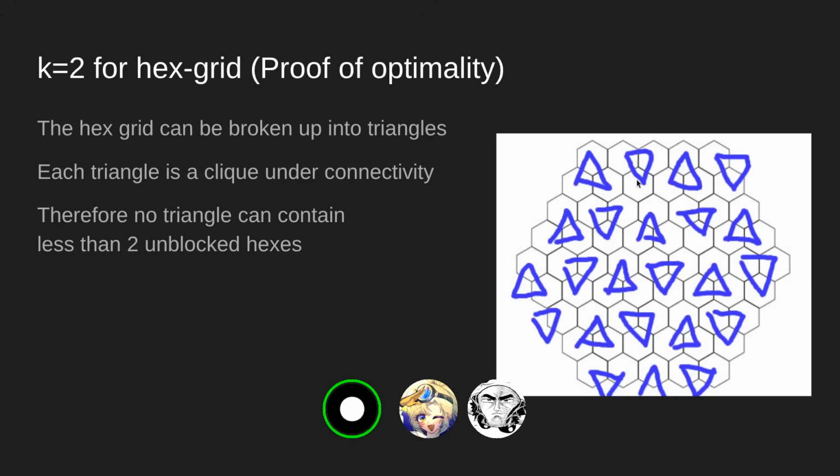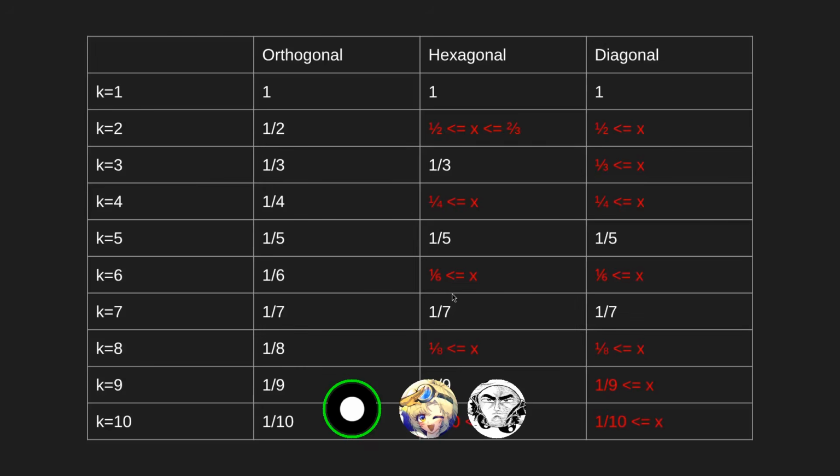So in each of them, there has to be at most one cell that is not blocked. And of course, that's exactly what we see in the pattern itself. You'll see this triangle. You can just overlay triangles, and each triangle will necessarily have exactly one white non-blocked hex.